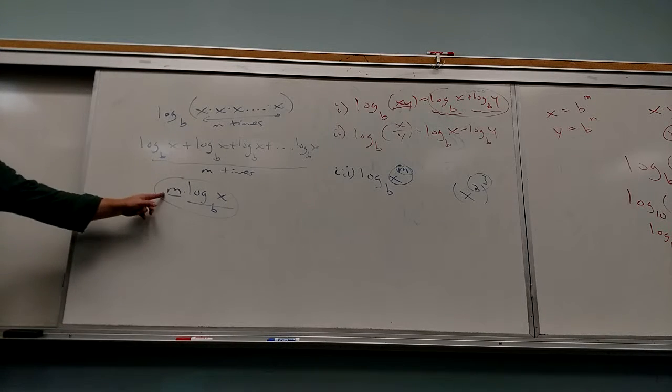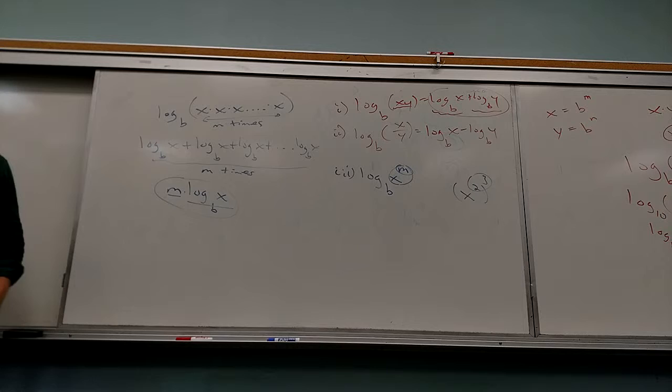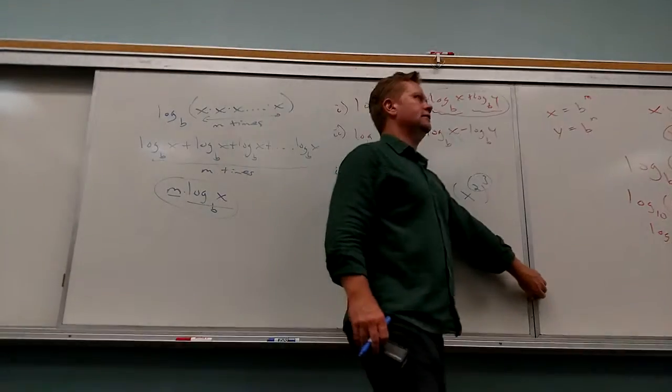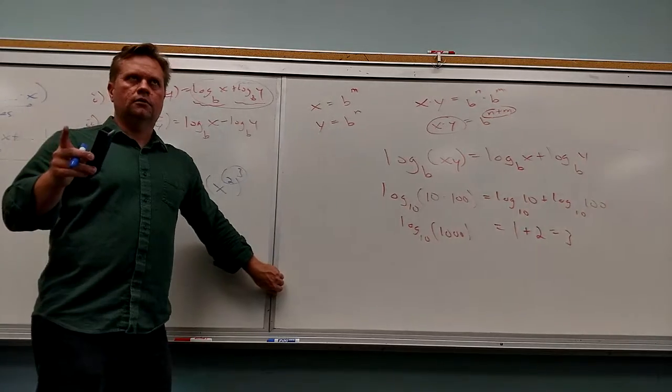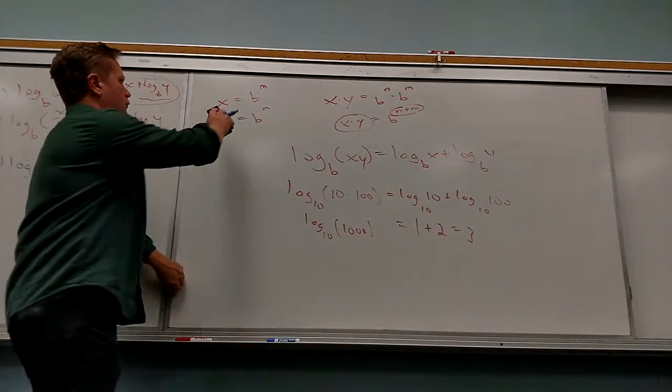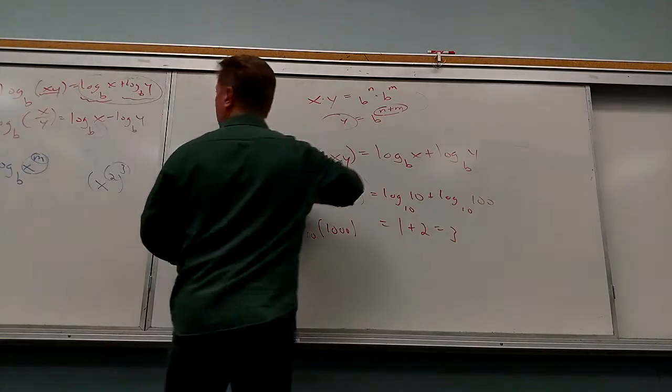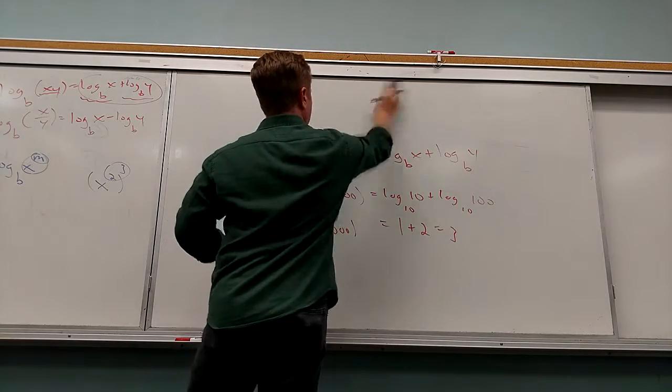It'll be that power times that power. And the way we use this, that is the most important one. Let me show you why this is true first, and then we'll try another problem out, and then we'll probably call it a day.